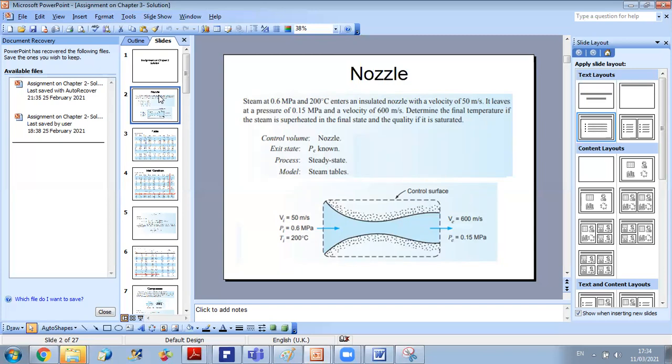So we will see several types of cycles. Some cycles are used, for example, to cool or to heat a space. In this case, we will provide electricity to a refrigeration system in order to heat or cool. Other systems just want to produce electricity.